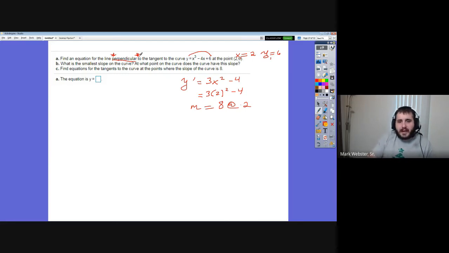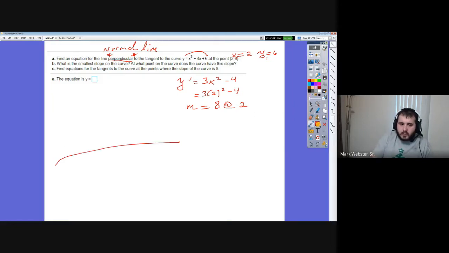But we want perpendicular to that. Remember, perpendicular, and by the way, there's another phrase that you'll see sometimes. This is called the normal line. Here's your curve. You got the tangent line, skips right off.